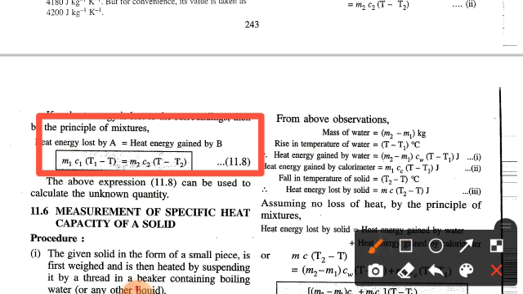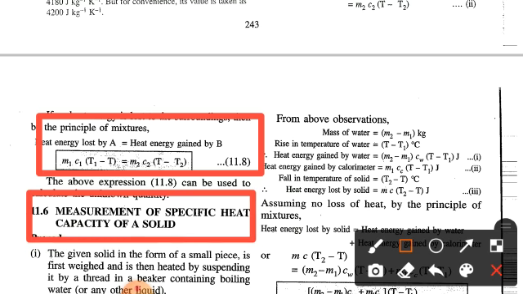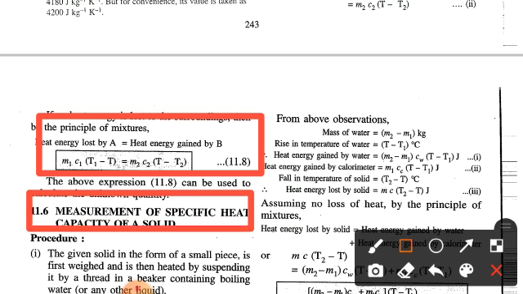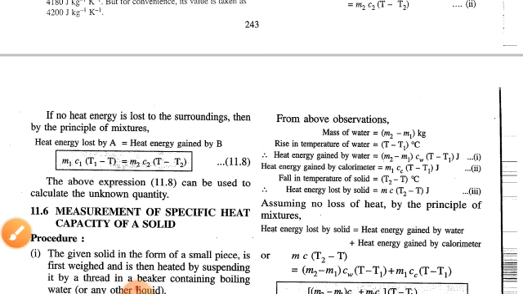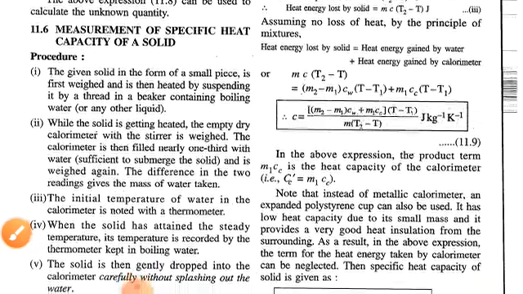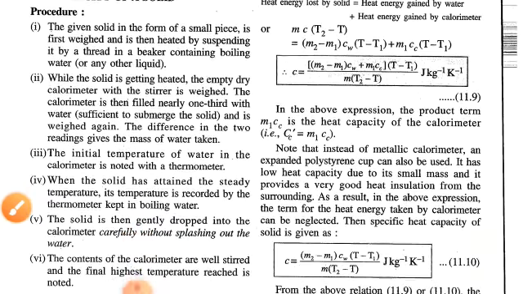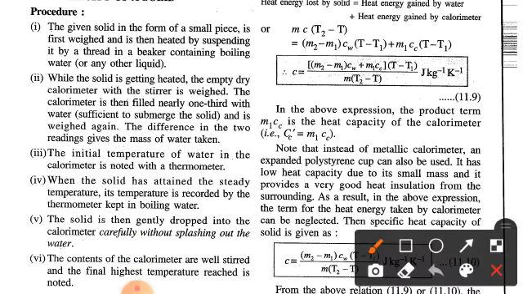Now we will come to the measurement of specific heat capacity of a solid. 11.6 you can see here. This we will have to discuss right now. How will you measure the specific heat capacity of solids? So what is the procedure? It is given here. The first one is: the given solid in the form of small pieces is first weighed and is then heated by suspending it by a thread in a beaker containing boiling water or any other liquid.